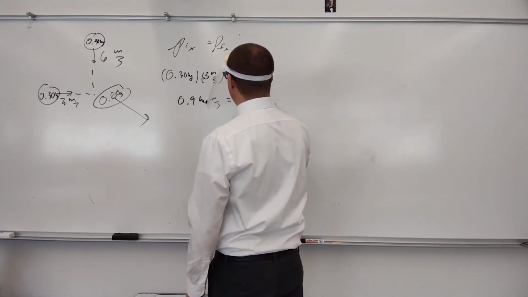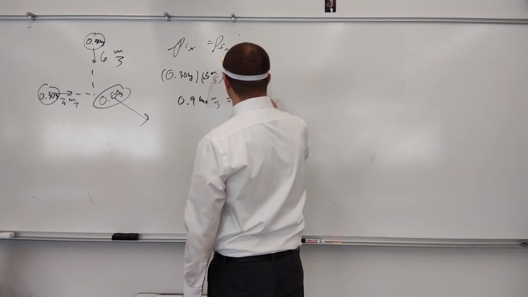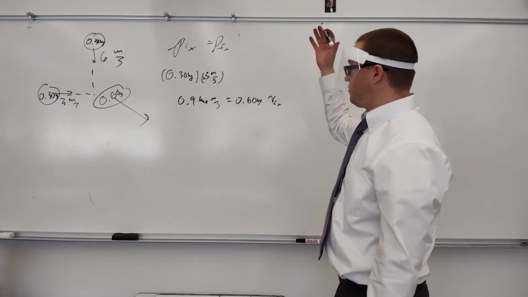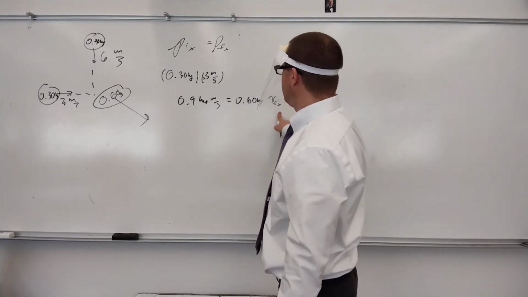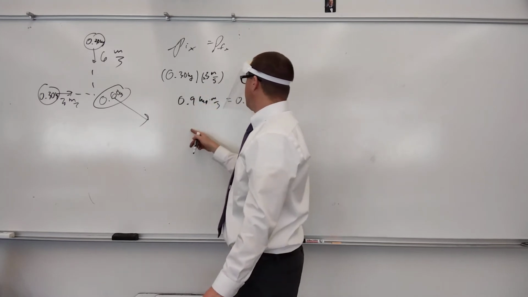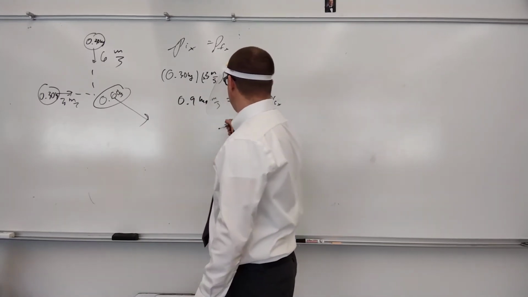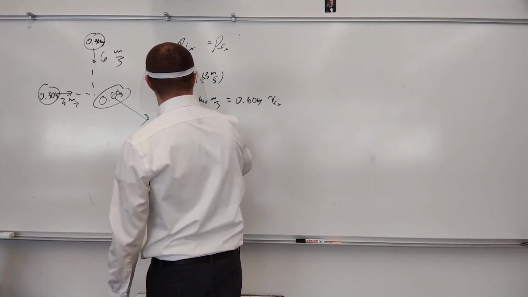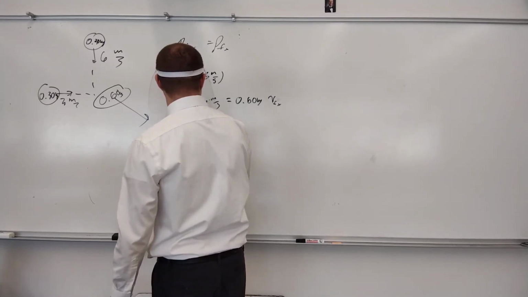Final x momentum is going to be the combined mass now, 0.60 kilograms times the final x velocity. So we can go right through and get the final x velocity here. That's the total initial momentum, total final x momentum. So we get 0.9 kilograms times meters per second divided by 0.60 kilograms.